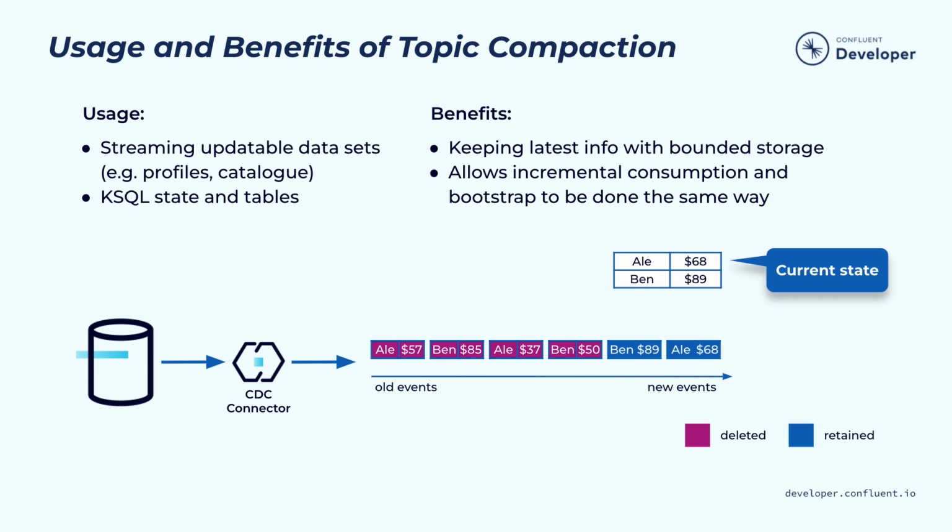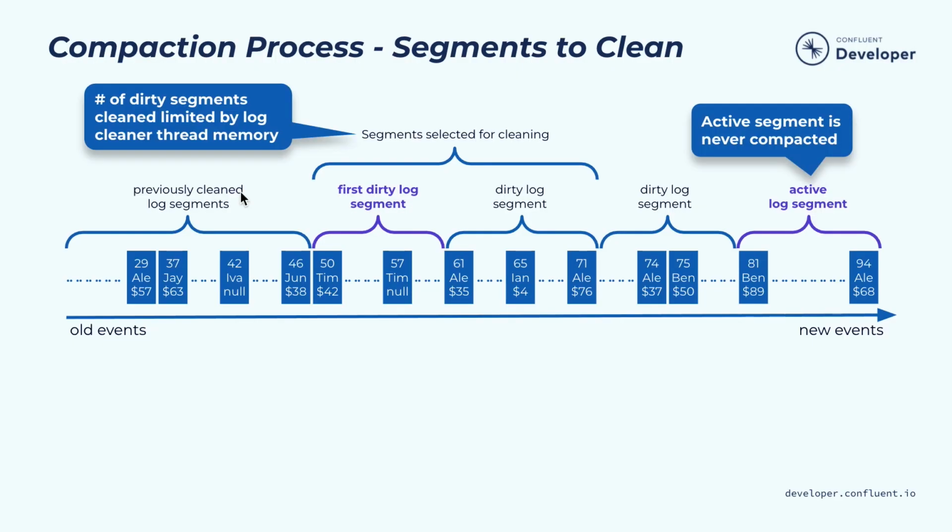Once this process is done, you can continue with newer changes to this topic. It's a convenient way of doing this, because there's only a single Kafka topic you need to deal with, instead of two systems, one dealing with bootstrap and the other with incremental consumption.